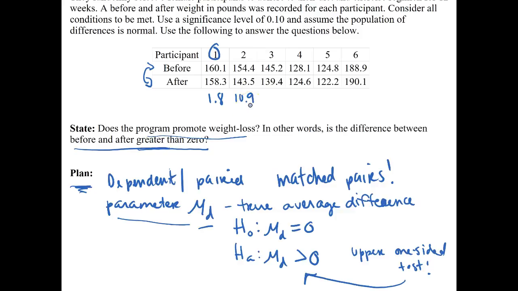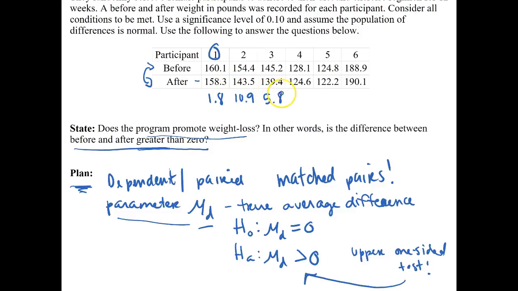I always just suggest that you subtract just like you would in elementary school, where you subtract the thing on the bottom from the thing on the top. I think that's easier to keep track. It's just important that whichever direction you choose to subtract, you are consistent with throughout the problem. So I'm going to subtract after from before, like I've done for these few problems already.